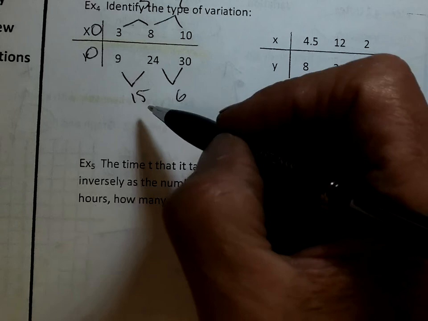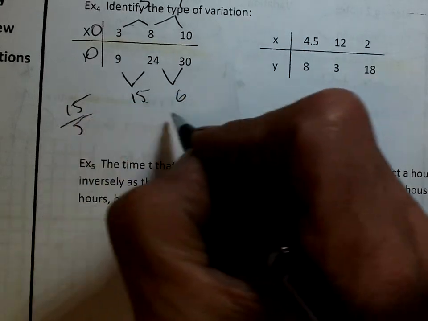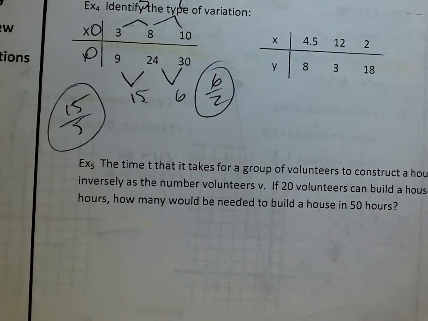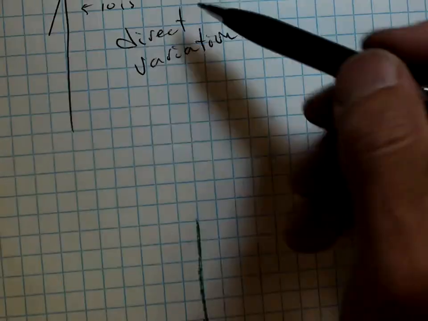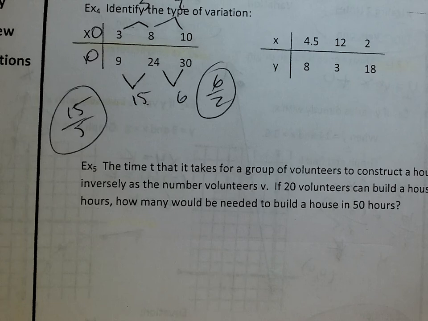My slope is 15 over 5, which is 3. My slope is 6 over 2, which is 3. So it has a constant slope, which means it must be straight. Up 3 over 1, up 3 over 1. And even on my graph, if I went from here down 3 over 1, it would put me right at 0, 0, wouldn't it? Okay. All right, now, how about example 2?